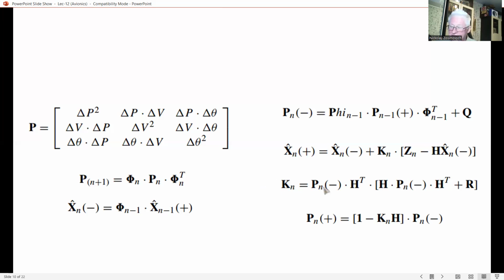Kn equals Pn minus times H transpose times, in parentheses, H times Pn minus times H transpose, plus R. I hope you remember, R is the measurement noise covariance matrix. The error covariance matrix will also be updated in this expression, and this is very simple.